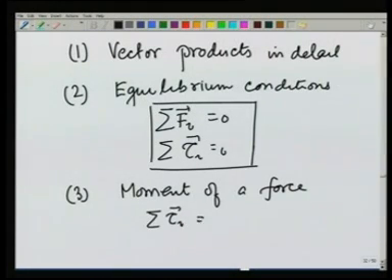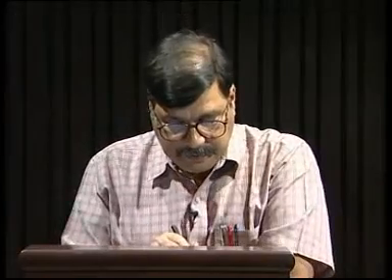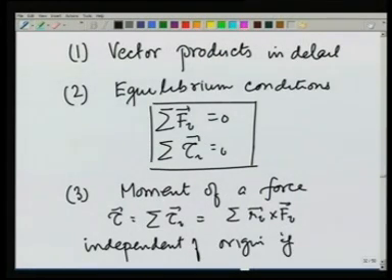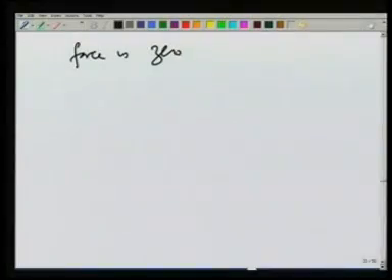the total torque tau, summation tau I, is equal to R I cross F I, is origin dependent, but becomes independent of origin if total force is 0. Let me rewrite this again.